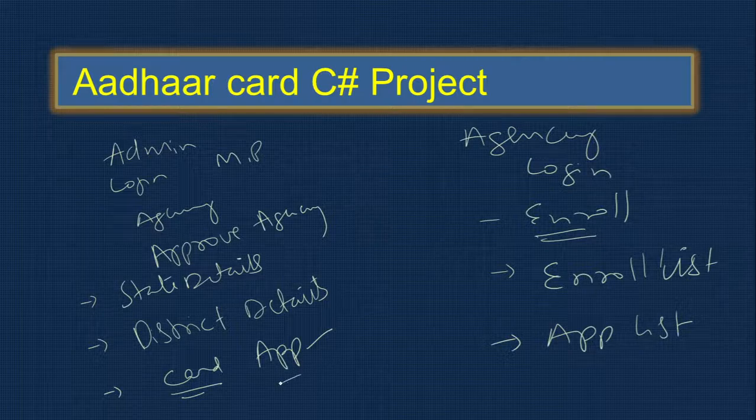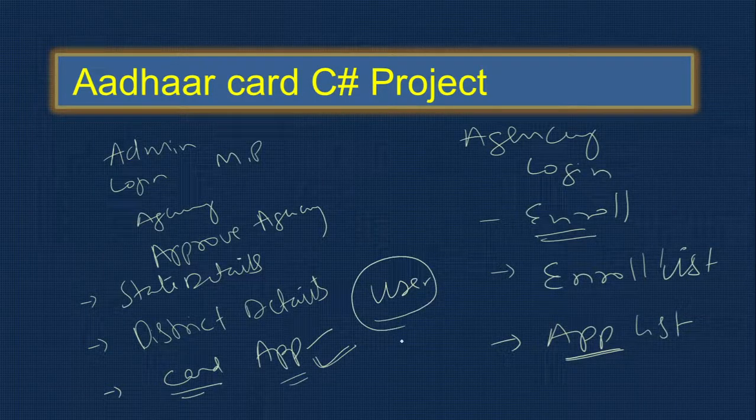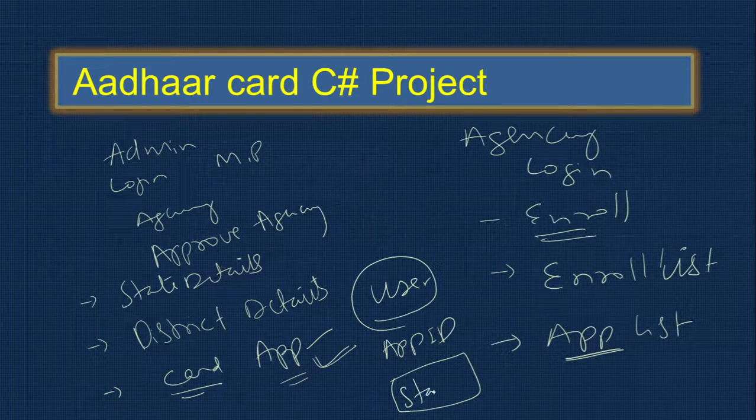The admin has to give the approval, and once it's approved, it will go to the approved list. Even the user can use an open page here: you give your application ID and check the status. The user need not log in, and can go straight to a particular page. If you give the ID, it will show whether it's approved or not. These are the things we need to put in this project, and we see to it that it works fine.